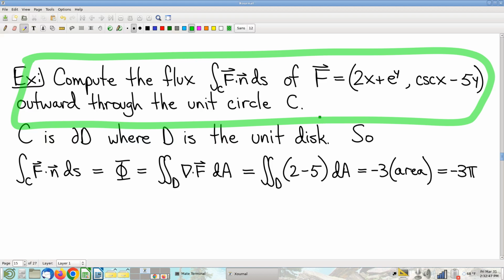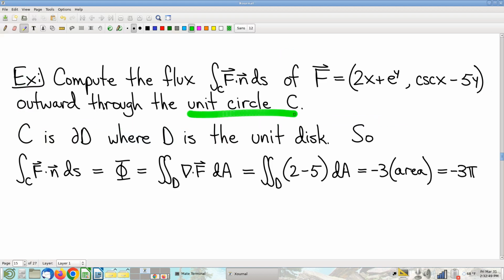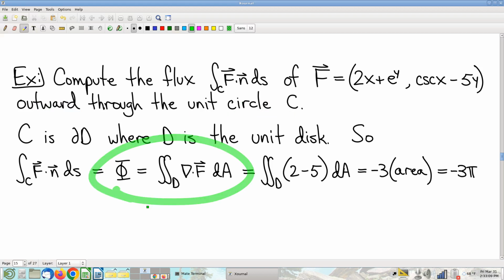And in this case, unit circle, yes, that is a boundary. Is it oriented the way it should be? Why, yes, it is. Outward. When you're computing flux, outward oriented is correctly oriented. That's what the word boundary means in this context. So, the flux in question is the double integral of divergence. Divergence is easy.